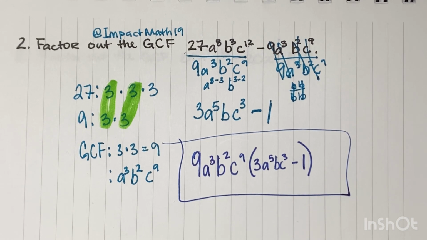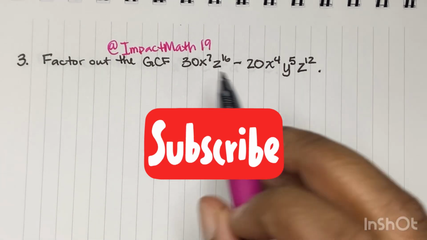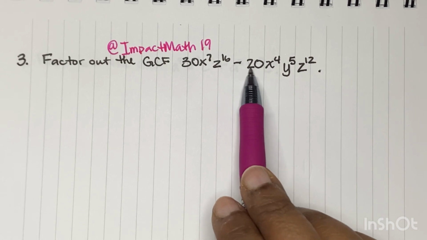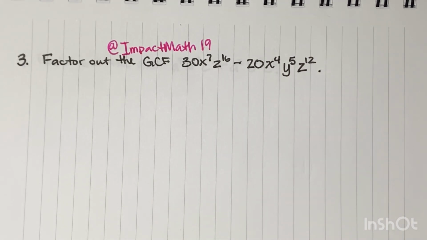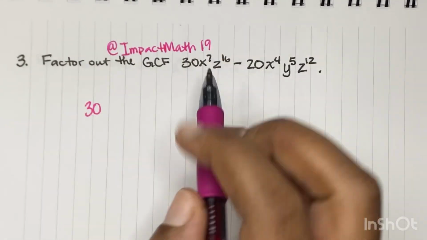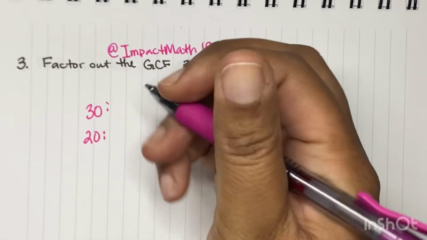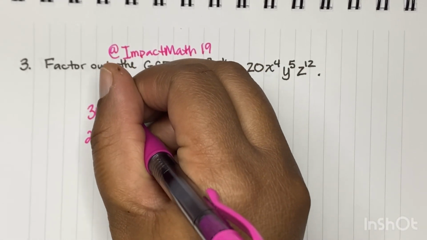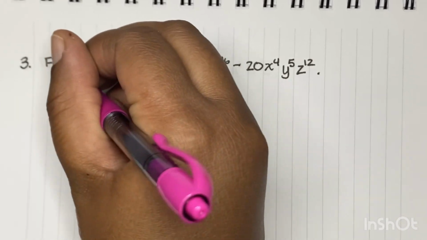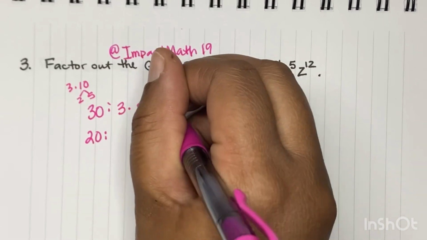All right, let's go to the next. So again, we're trying to factor out the GCF of 30 minus 20, okay? And so hopefully it's making more sense how we find the greatest common factor using numbers. So this would be 3 times 10, but 10 is 2 times 5. So we would do 2 times 5.